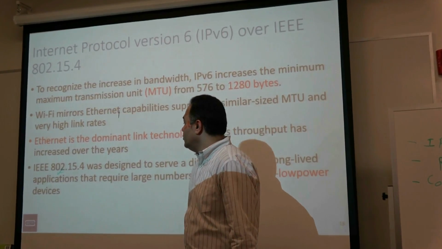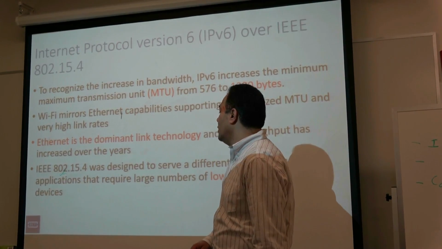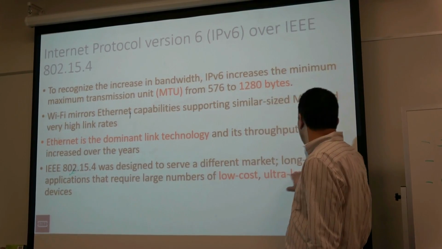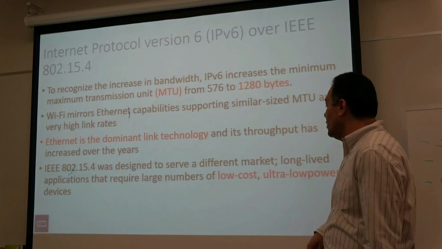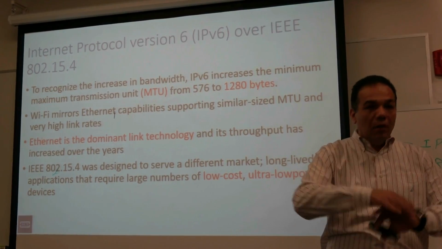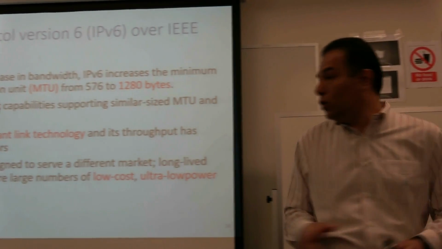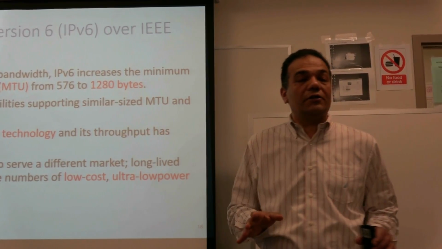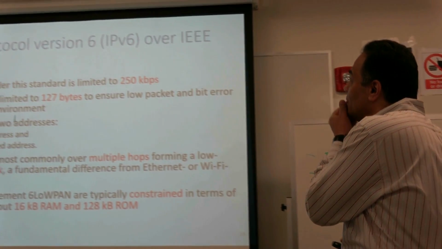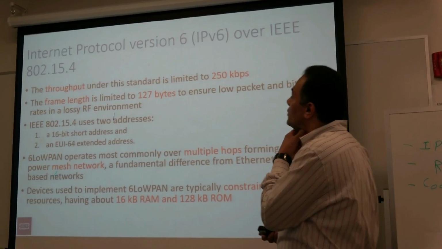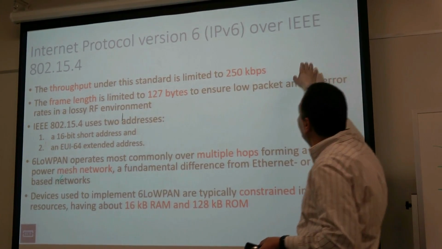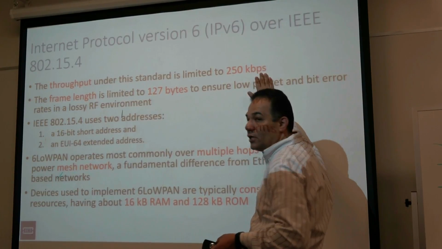So the IEEE 802.15.4 was designed to serve a different market: long-life applications that require a large number of low-cost, ultra-low power devices. So we have a lot of nodes, but these nodes are low-cost. The throughput under this standard is limited to 250 kilobits per second.